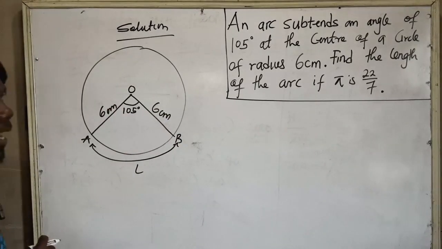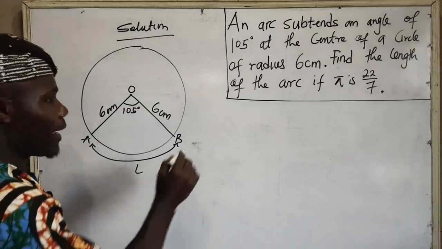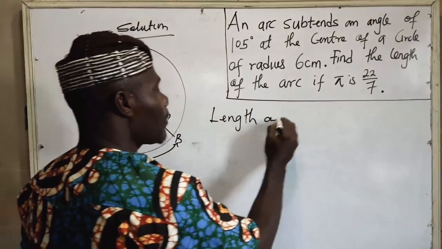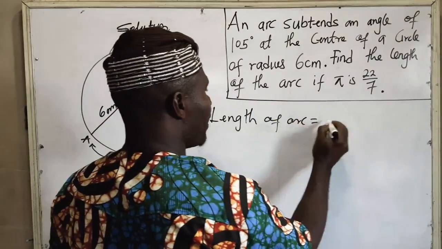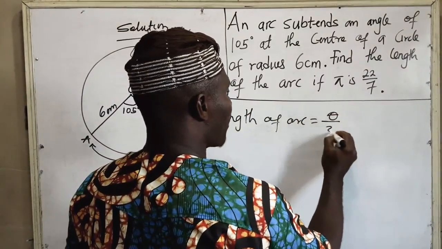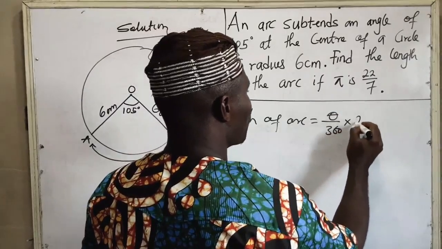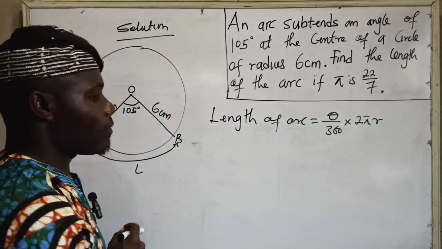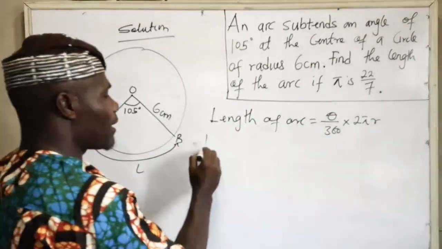So to now find the length of an arc, the length of an arc is theta over 360 times 2 pi r. This is the formula for the length of an arc.